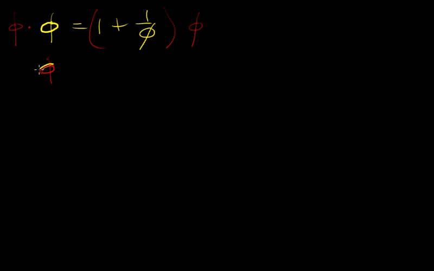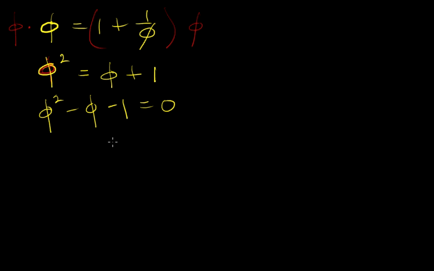Phi squared is equal to, and now use your distributive property and multiply phi across the parentheses, and we get phi times 1 is phi, plus 1 over phi times its own reciprocal is 1. And then subtracting phi and subtracting 1 from both sides, I have phi squared minus phi minus 1 is equal to 0.